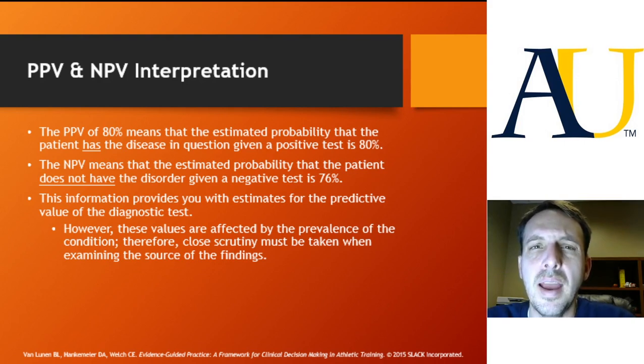And there are different aspects with cutoff scores that are discussed in your book chapter, and I don't want to get too crazy in cutoff scores, but this idea can then be, okay, if we're 80% convinced that somebody has an ACL tear, obviously we're going to send that individual for advanced testing. But now let's say we're 50% convinced that somebody has an ACL tear. Do we send them for advanced testing? Well, I don't know. Probably, because it's 50-50, right? If we're 25% confident, do we send them? Maybe not, right?